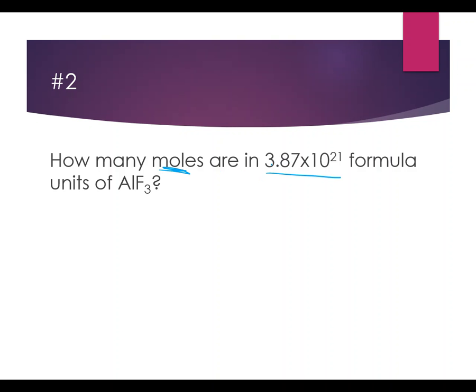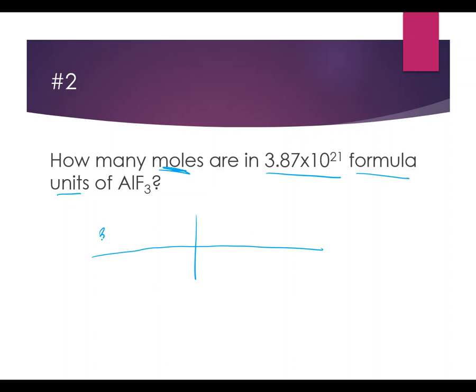Okay. Particles are 3.87 times 10 to the 21st formula units of aluminum fluoride. Since it says formula units, I'm going to use Avogadro's number. But before I do that, I need to set up my T-chart.